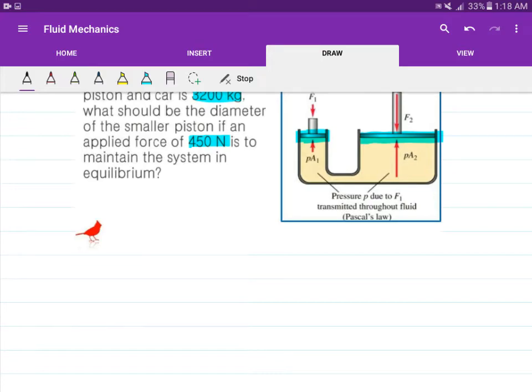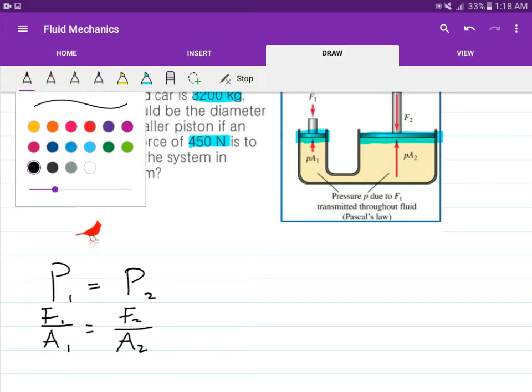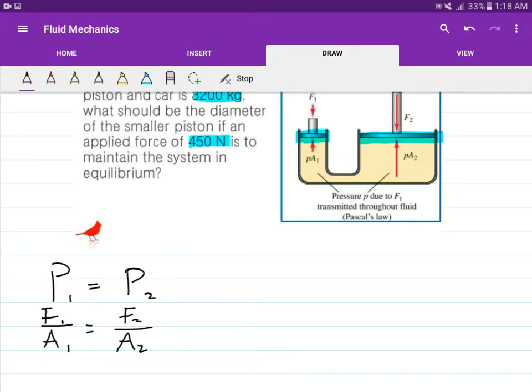So let's write our equation. P1 equals P2. So F1 over A1 equals F2 over A2. Okay, so what is F1? F1 is 450 newtons.